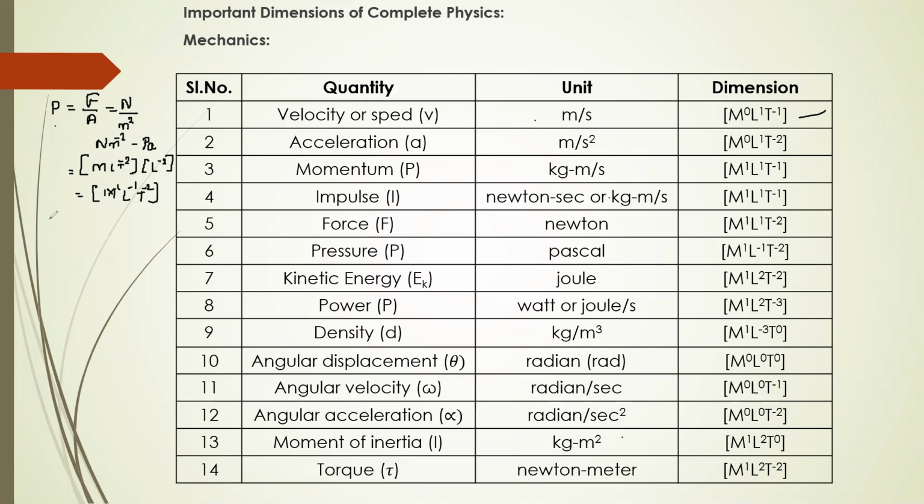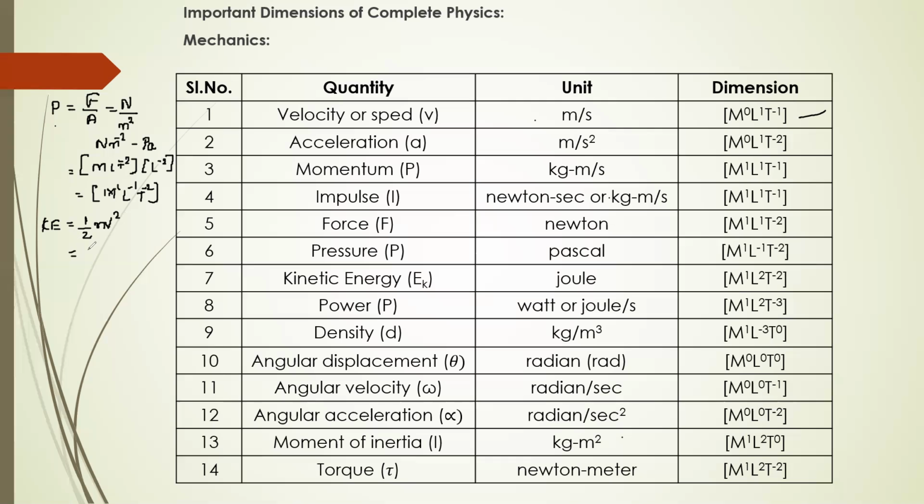Okay. Then next, for kinetic energy. So for kinetic energy, how do we write? We take it as half m v square. So 1 by 2 m into v square. Numbers do not have any dimensional formula, so leave that, half m v square.